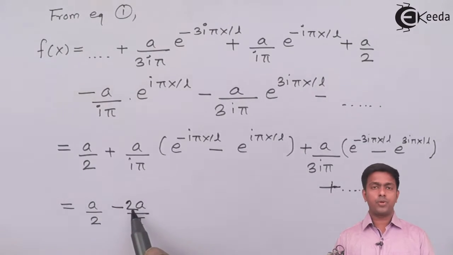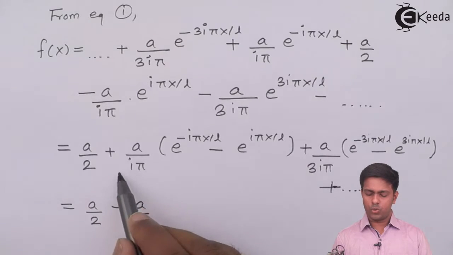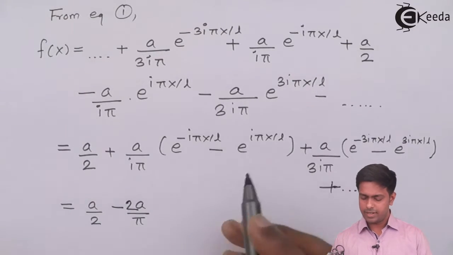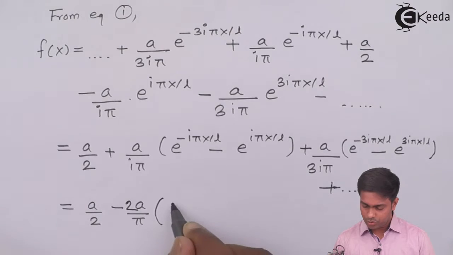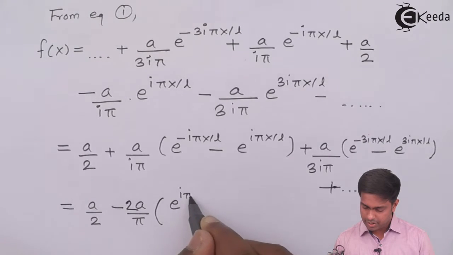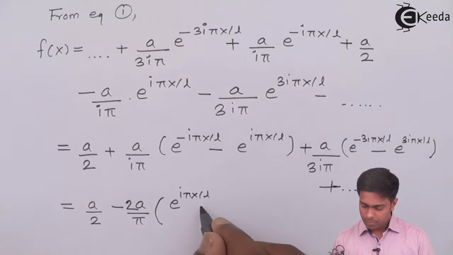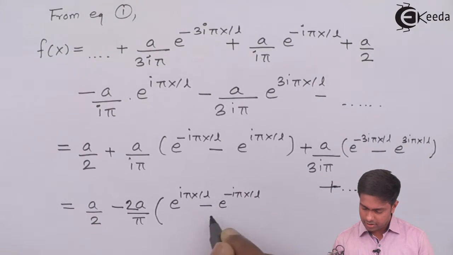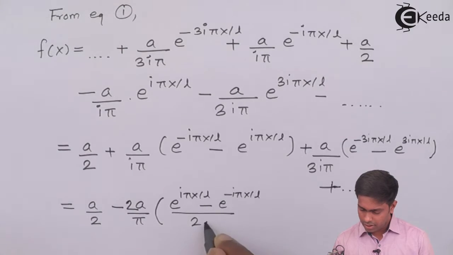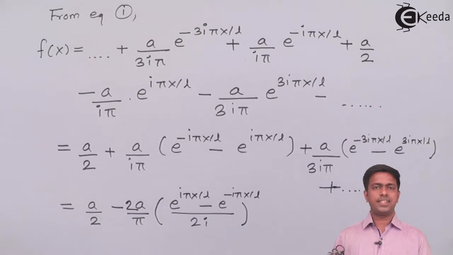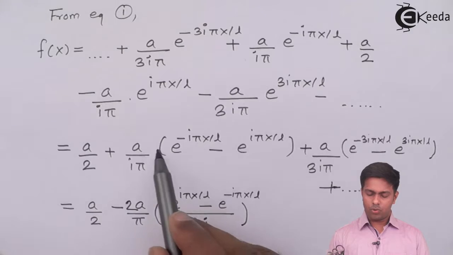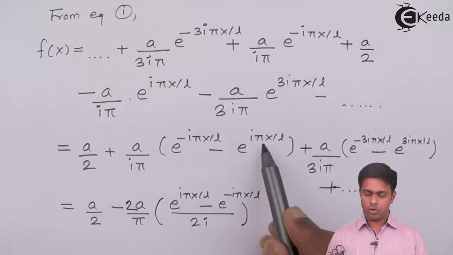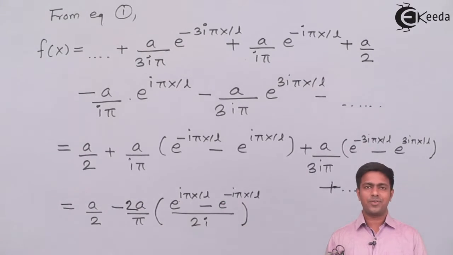I'm multiplying by 2, I'm dividing by 2, so here I'll get 2i, and I'll take that 2i inside. So here I'll get e to the power i pi x upon L minus e to the power minus i pi x upon L, whole upon 2i. Guys, I've taken the negative sign outside, and that is why this term will become positive and this term will become negative.